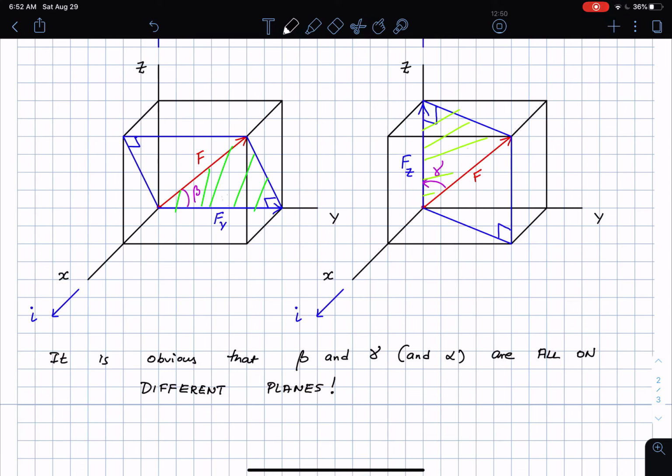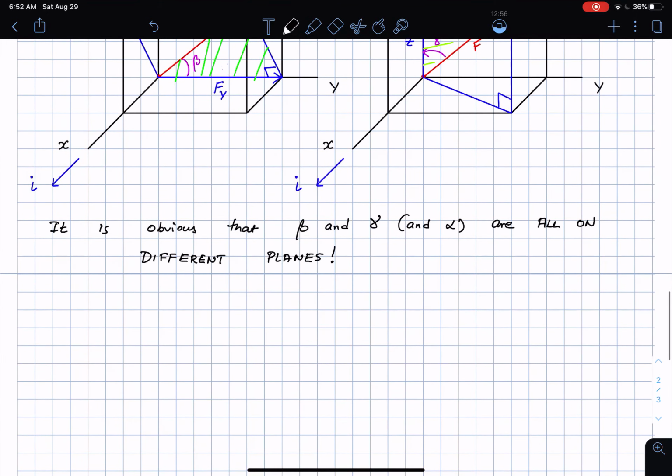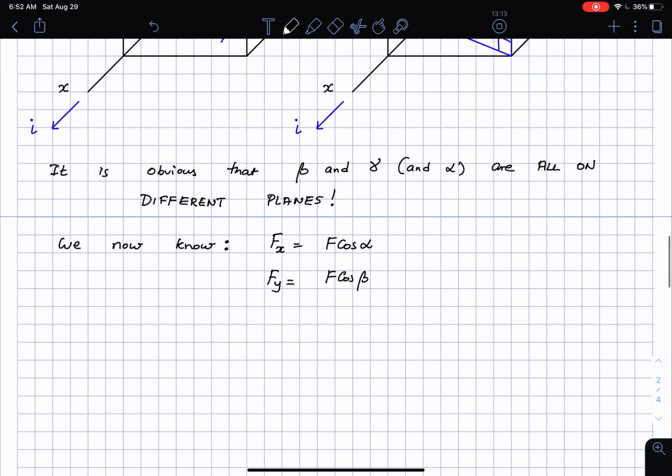Okay, and so what am I going to do? I still haven't obtained a relationship between these angles, right? So here is what I'm going to do. So far we know now that Fx is F cosine alpha, Fy is F cosine beta, and then Fz is F cosine gamma.